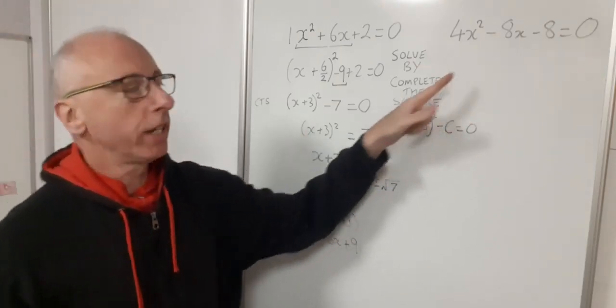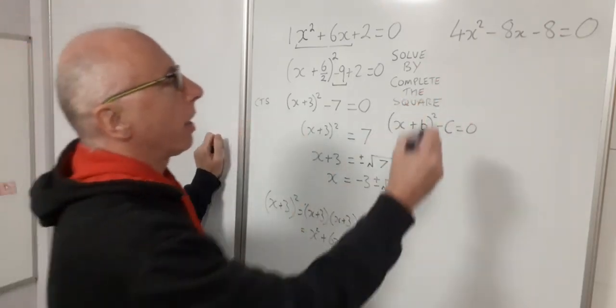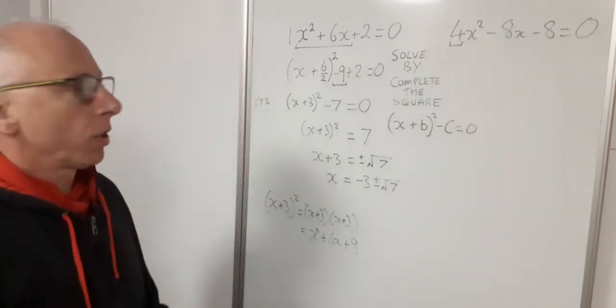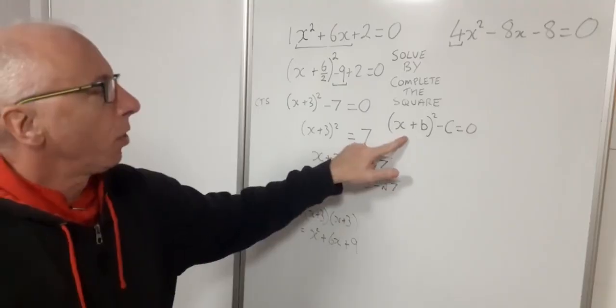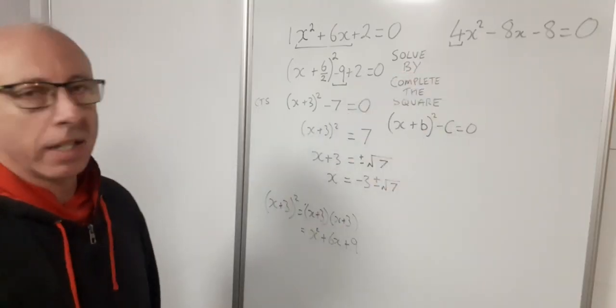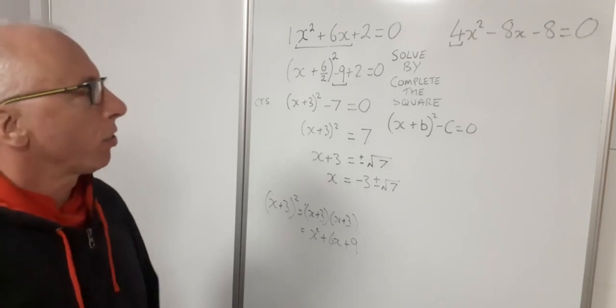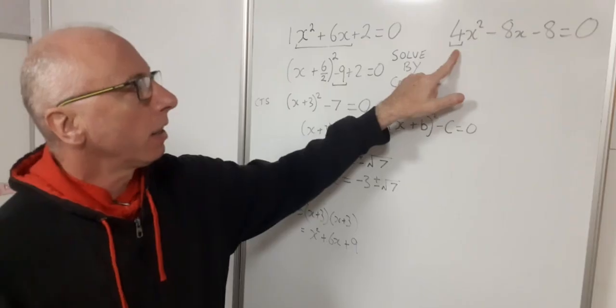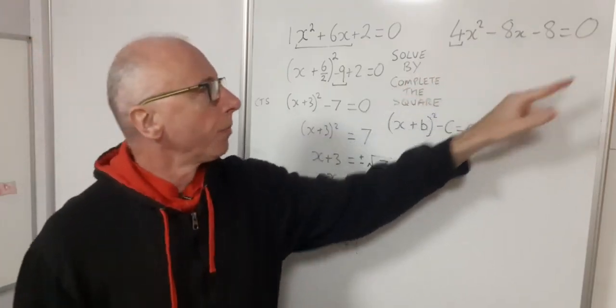This one here is a slightly trickier case. Notice here I've got the number 4. Now what I want to try and do is get it in this kind of format, but with this number 4 in the way, it makes things a little bit awkward. So what I want to do is just get x squared in here. Well, with a 4 here, I can just divide everybody by 4.